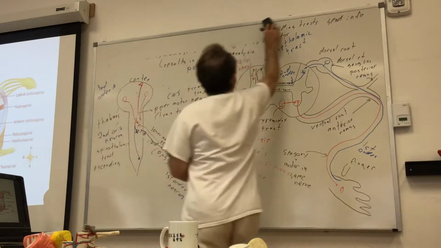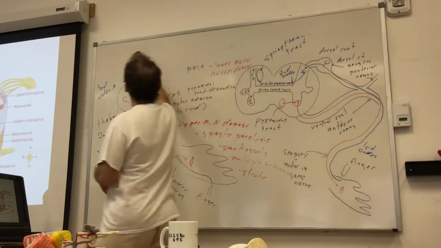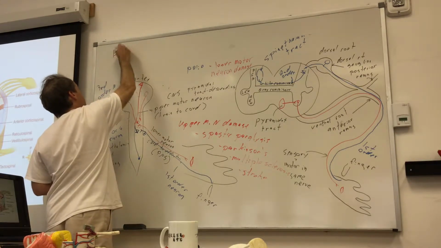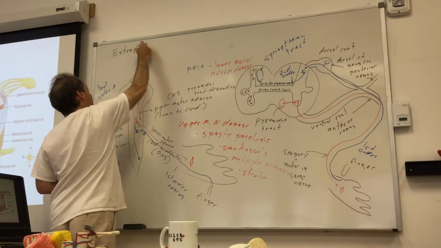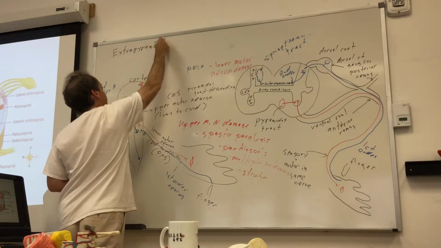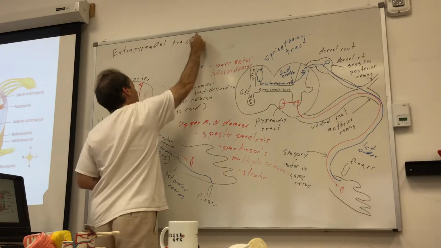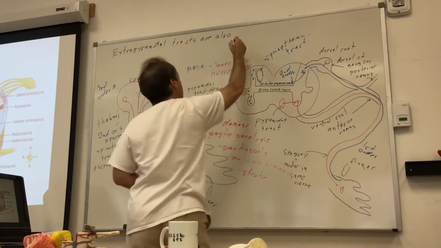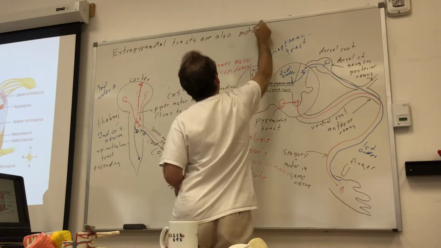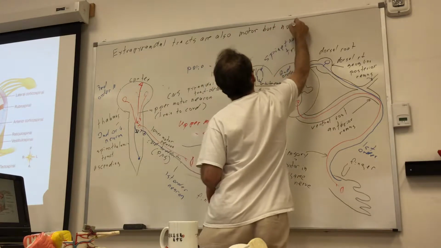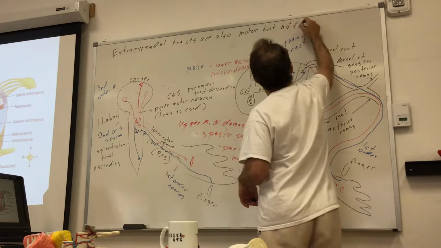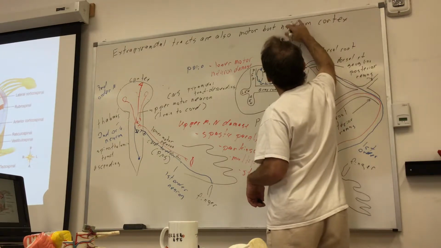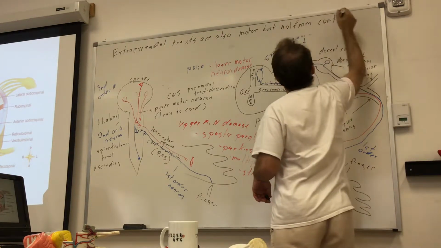So this is all just sort of adding detail to the picture you already have. Extrapyramidal tracts are also motor, but not from the cortex.